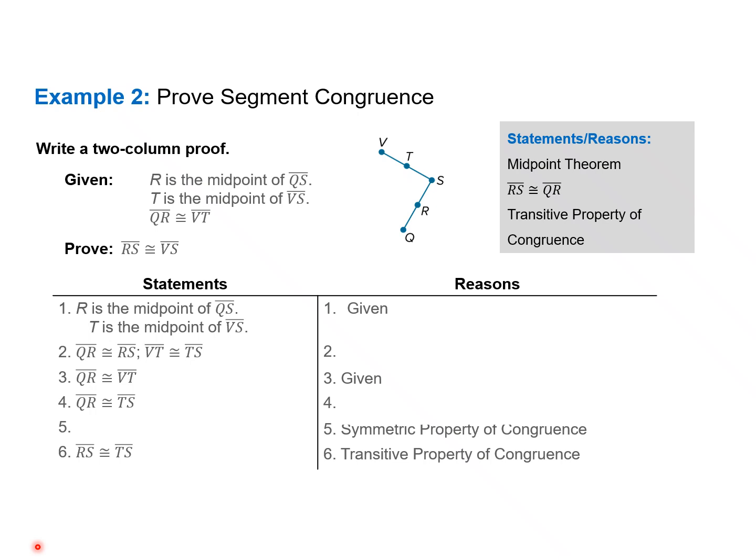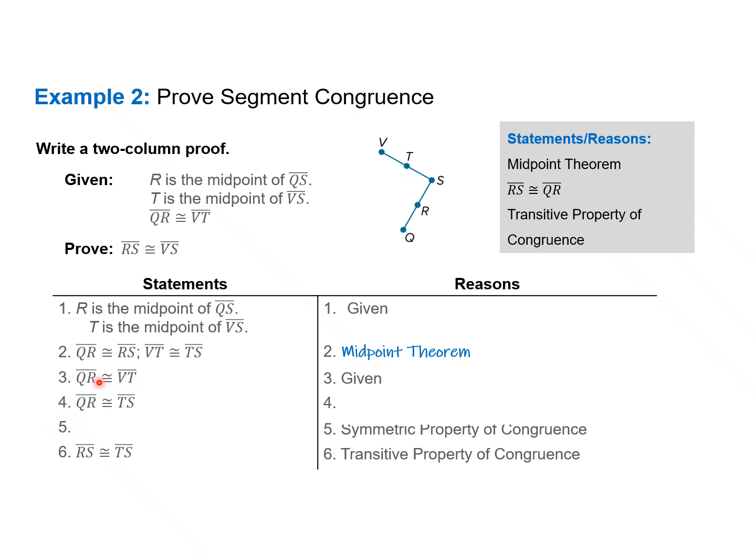How can we then say that line segment QR is congruent to line segment RS and line segment VT is congruent to line segment TS? If you remember from a previous lesson, we were able to say it through the midpoint theorem. The midpoint theorem allows us to say that if you're the midpoint, then the two segments are congruent. The next line is given. It says line segment QR is congruent to line segment VT. Now, how can we go from these two statements to the fourth one? We're going from saying QR is congruent to VT to QR is congruent to TS.